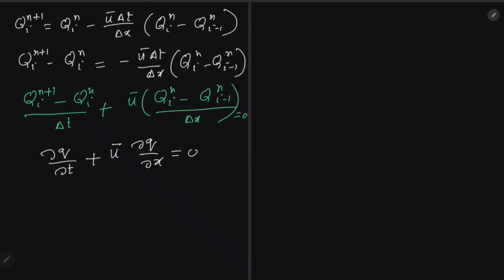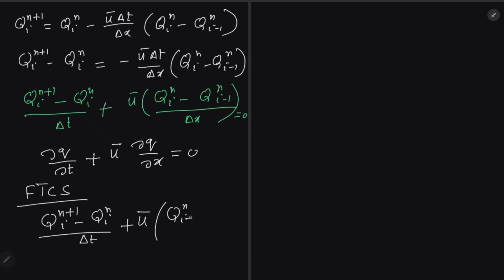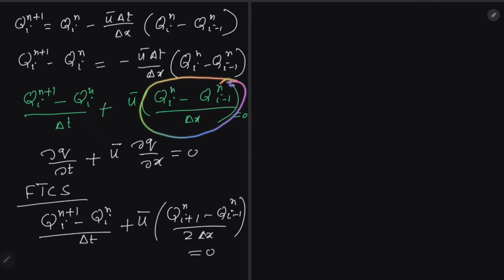Previously, in the previous video, you have seen the scheme which was unstable, FTCS, forward in time, centered in space. For the advection equation, it was written like this: Q_i^{n+1} minus Q_i^n divided by delta T plus U bar, Q_{i+1}^n minus Q_{i-1}^n divided by 2 delta X is equal to 0. So here we have the upwind scheme, and here we have the centered scheme.